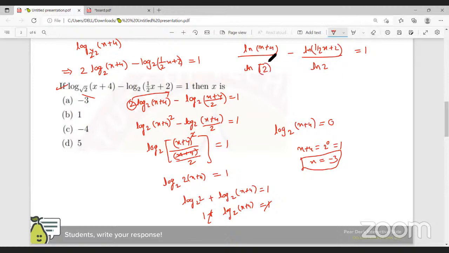With base change, but actually I got stuck in the simplification. So 1 by 2 will come down. So what I will get is ln (x + 4) upon 1 by 2 ln of 2 minus ln of half of (x + 2) upon ln of 2 equals 1. Now 2 will go up, right?